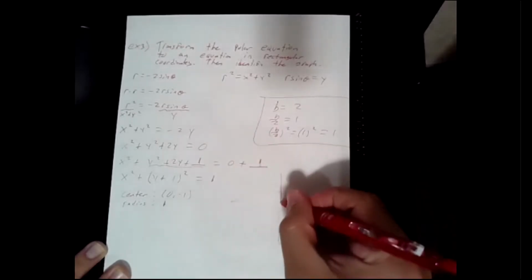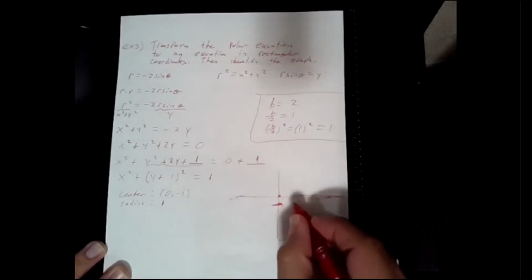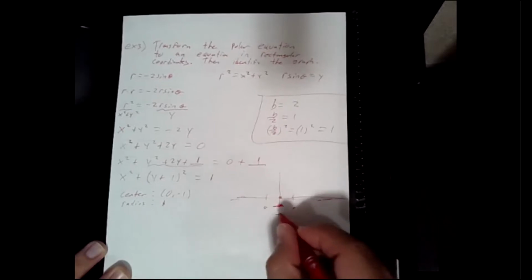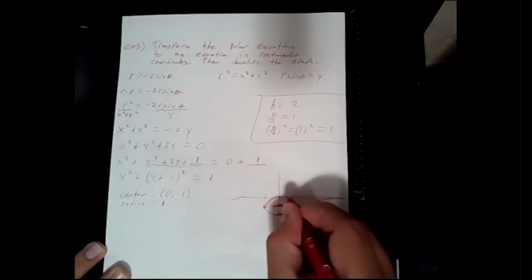Thank you. There we go. So 0, negative 1 is down here. Go out in every direction. See my little crappy circle here. There we go. Looks like an egg, but I promise you that it is a circle.